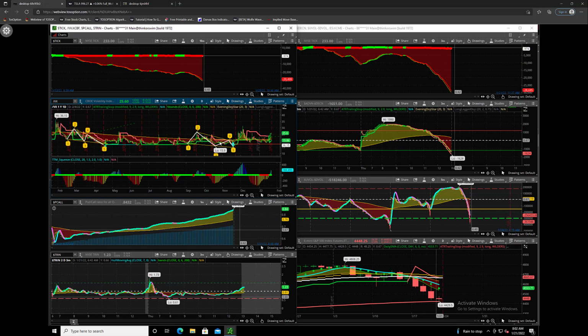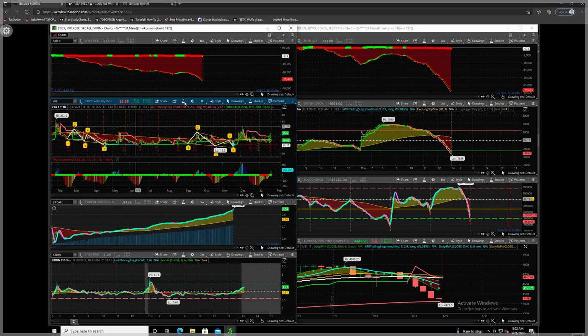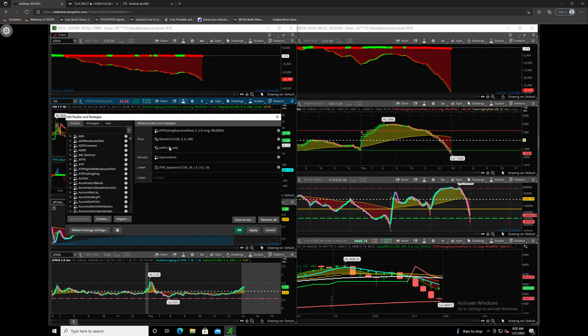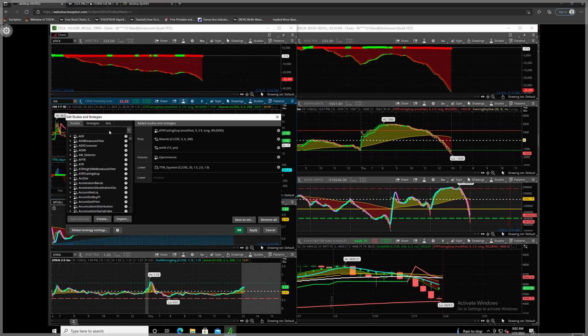Okay, so this is one version of the Wolf Wave. I probably need to change it and modify the wavelengths. The default wavelength is 13, so probably want to add one more.